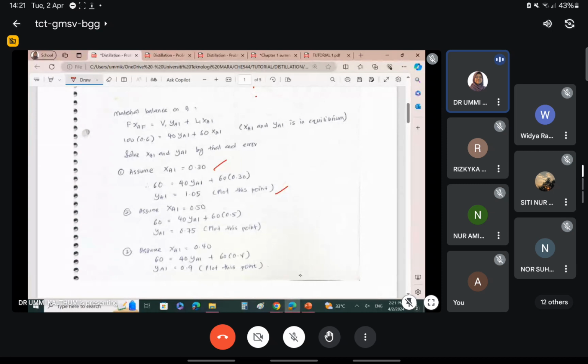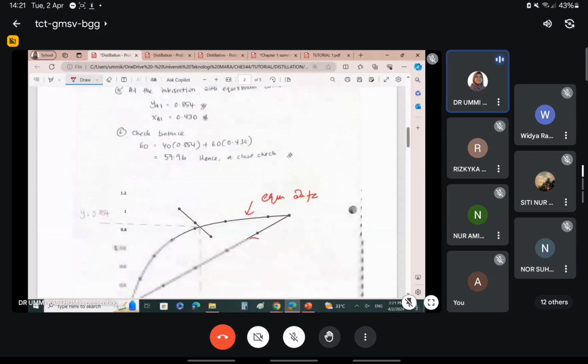Second assumption, XA1 is 0.5, we get YA1 0.75. The third assumption, XA is 0.4 and we get YA is 0.9. Put them into this equation. Plot the first, second and third assumptions. With 3 points, you must get a straight line.